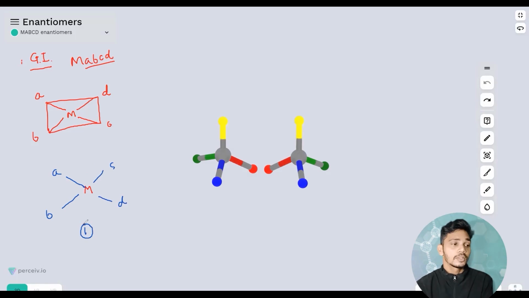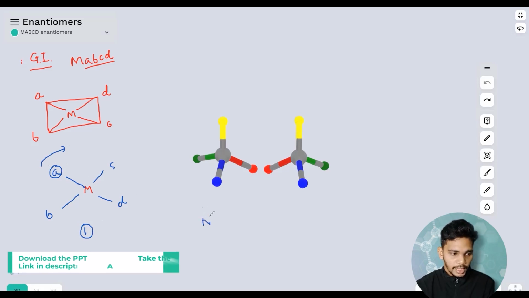See what is isomers? Isomers means same molecular formula but different structure, right? So let's talk about a different structure. This is the first structure. Now let's consider this A fixedly pointed, and I am rotating it clockwise. So A will be as it is. So if I draw the next structure, M will be at the center. A will be as it is.